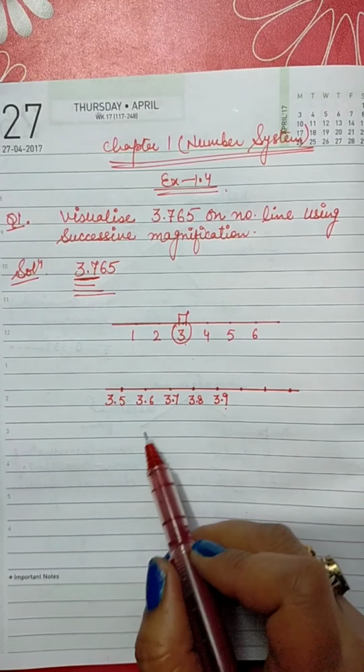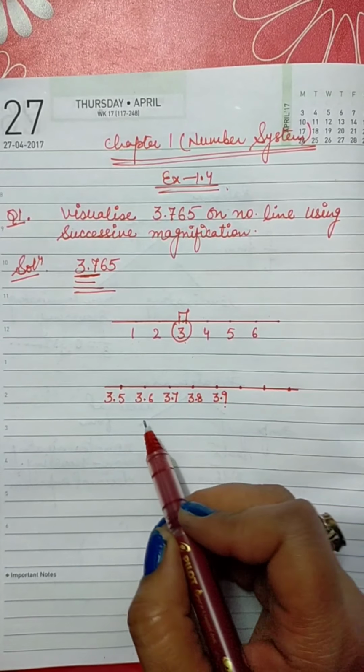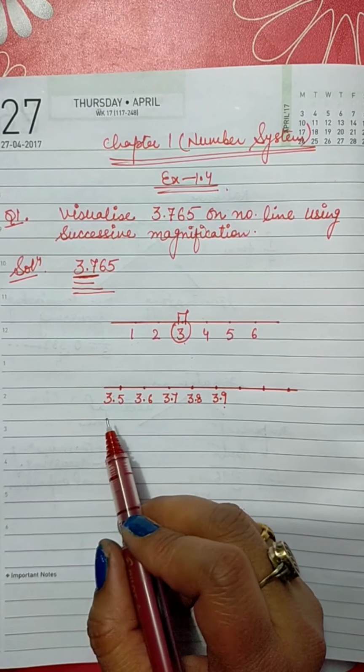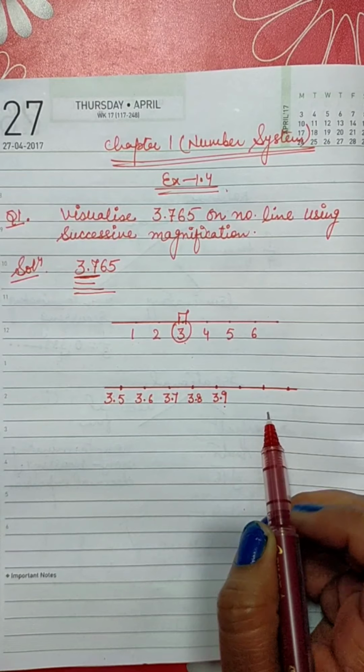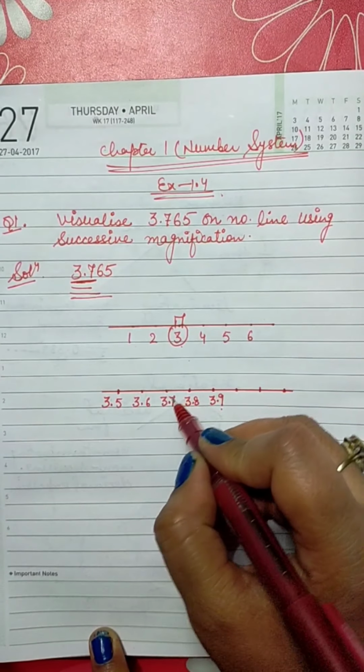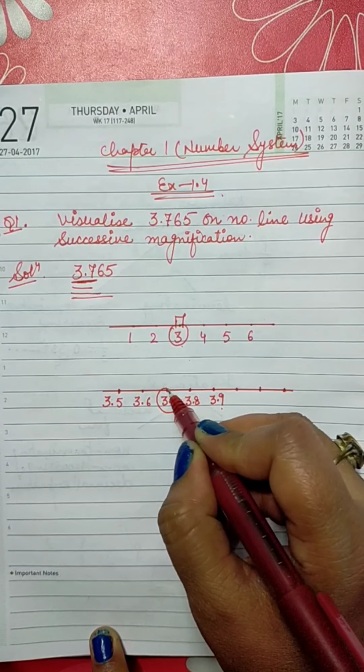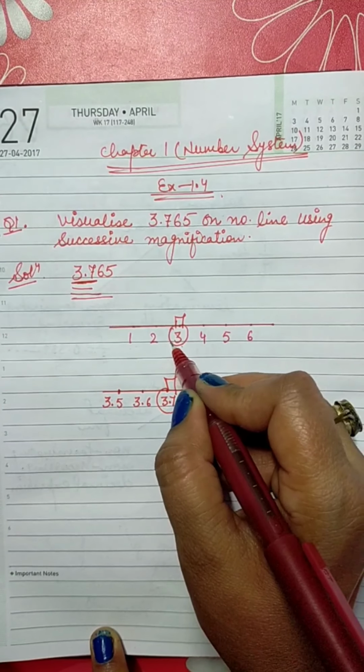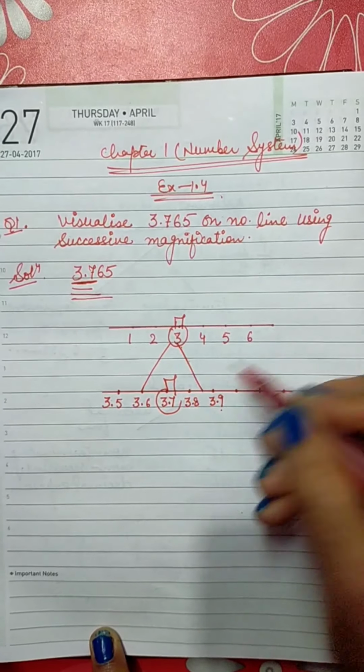You could start from 3.1, 3.2. I have taken 2 digits before it and 2 after it. So here we have to magnify 3.7. So this is 3.7, and it lies between these numbers.